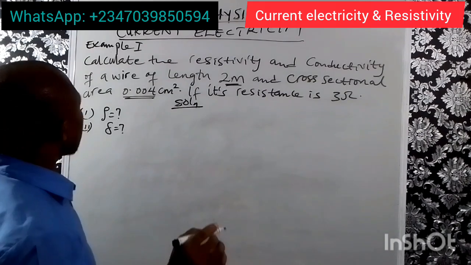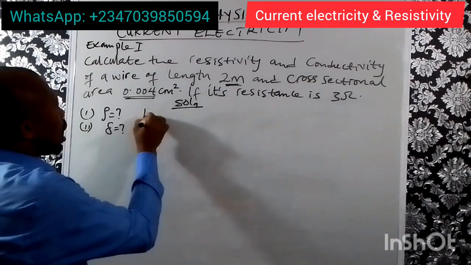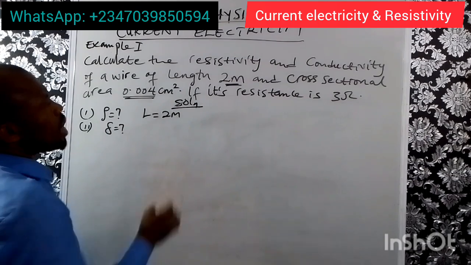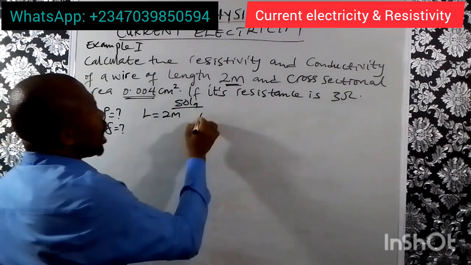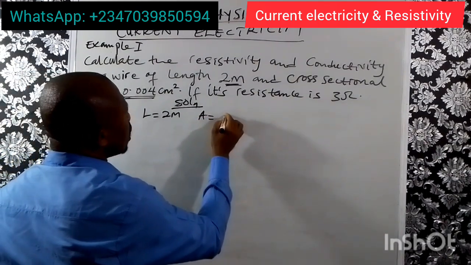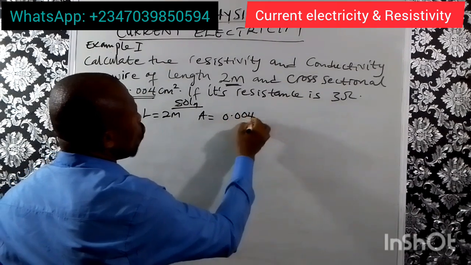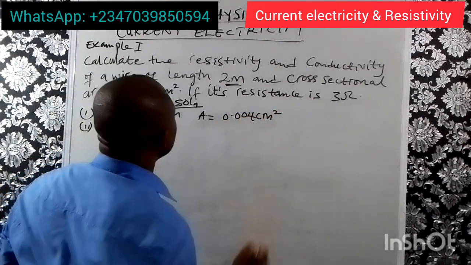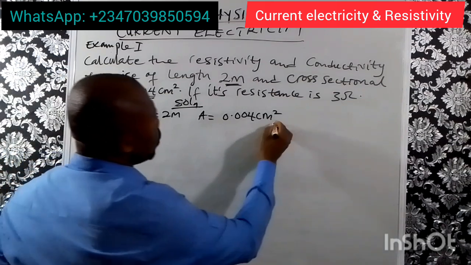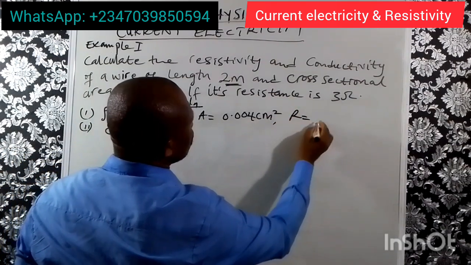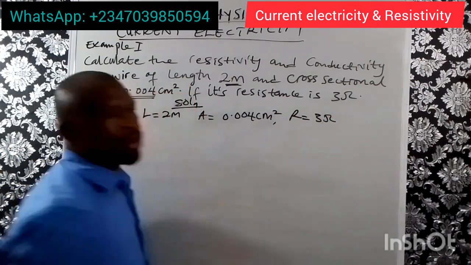Now we are given that the length of the wire is 2 meters. Cross-sectional area is 0.004 cm squared. Then resistance is given to be 3 ohms.